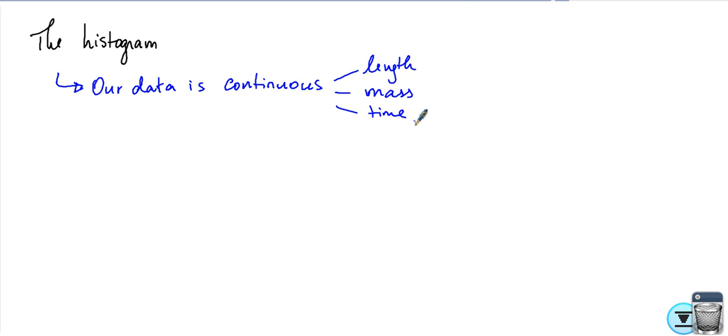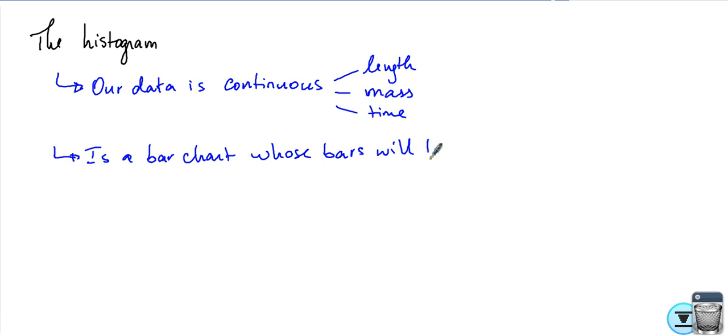So our data has to be continuous when we're drawing a histogram, and very important, a histogram is a bar chart whose bars will touch each other, since they are continuous.